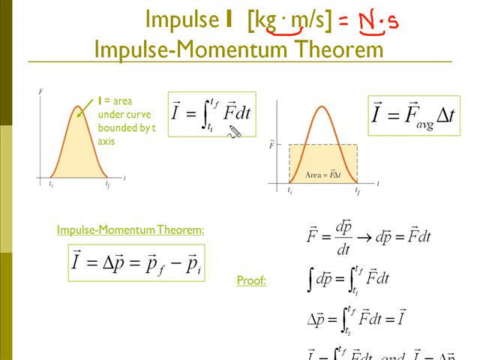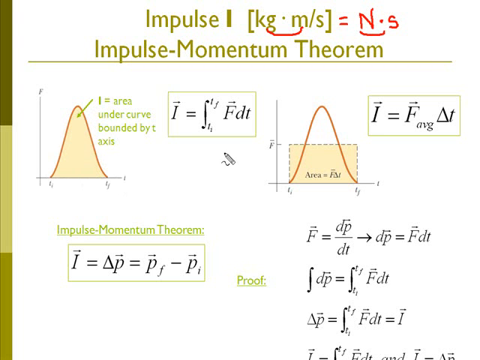Just as we saw in Chapter 7, work, the integral of force dotted with displacement, could be determined by taking the area under the graph of force bounded by the horizontal, which in this case is time.